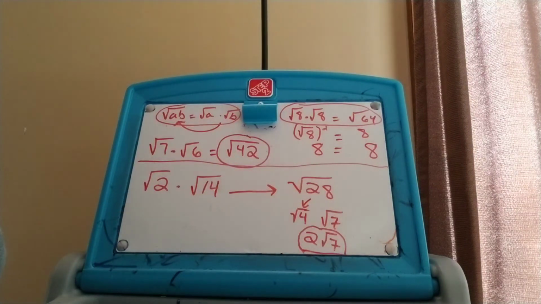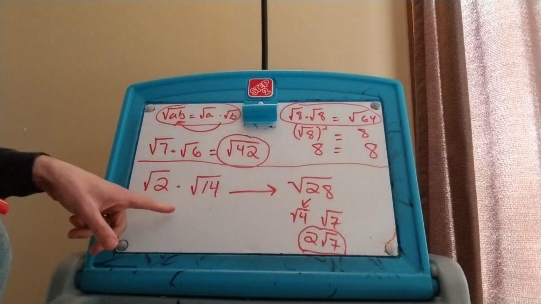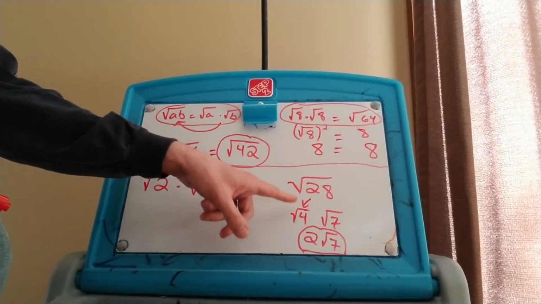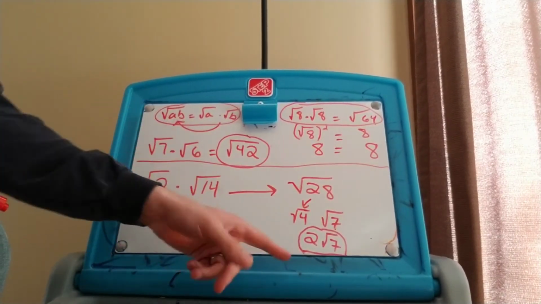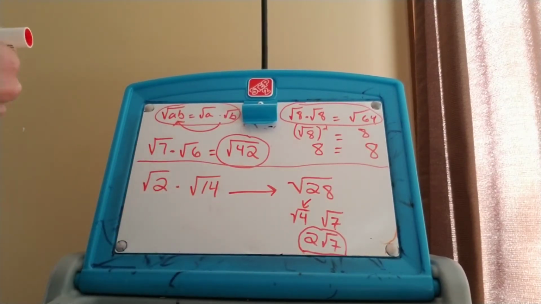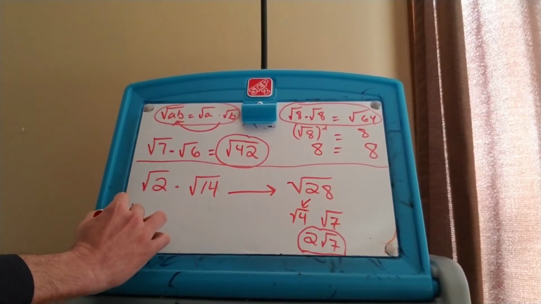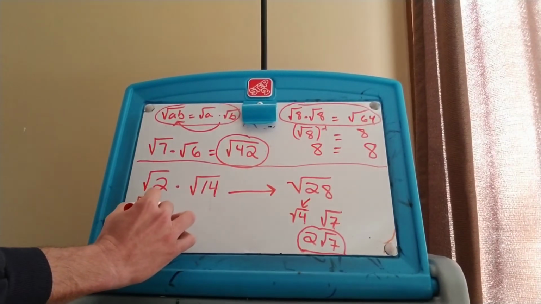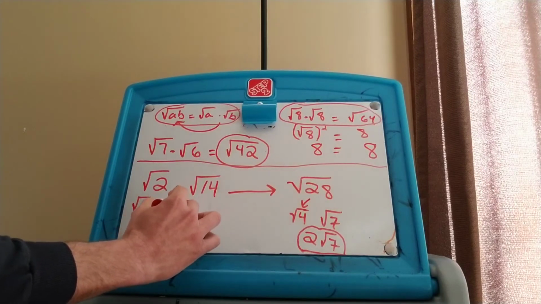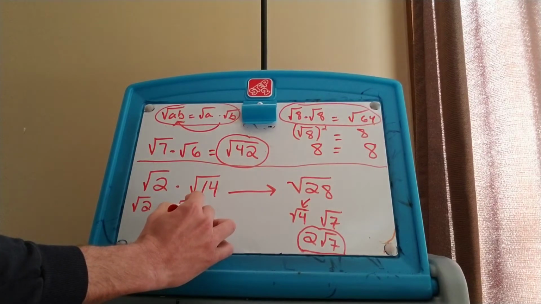Now, going back to here, you can get the answer to this problem without doing that. There's another way of doing it. A lot of times in math, I can get to this same final answer a couple different ways. So if you wanted to, you may want to do this as the square root of 2, but the square root of 14, well, I can rewrite that as the square root of 2 times 7.